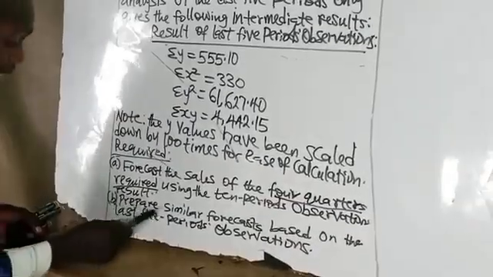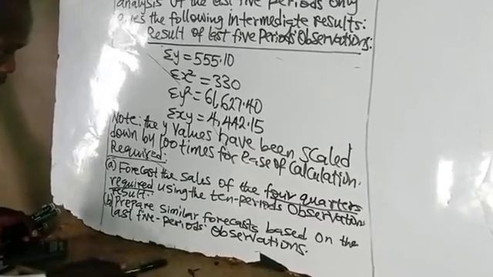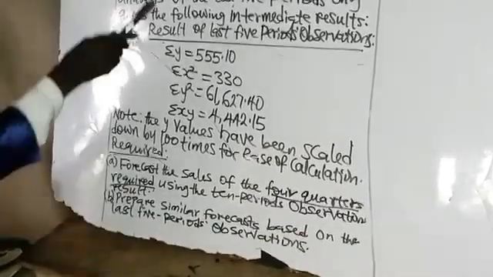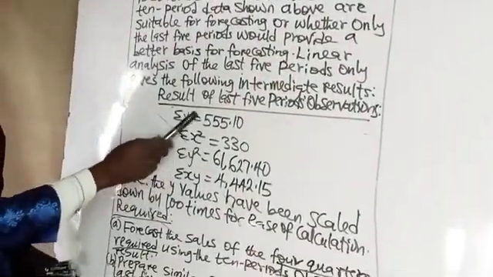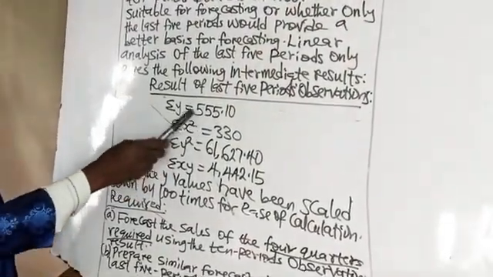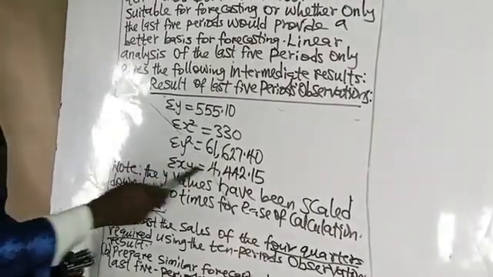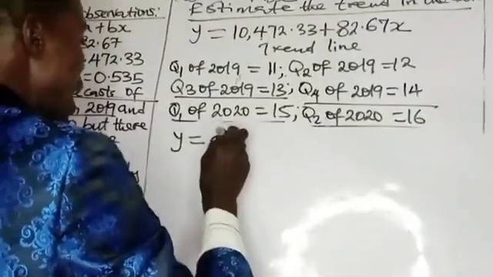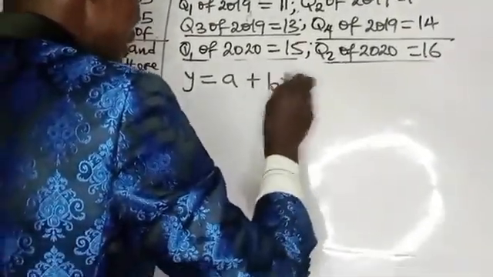You are to prepare the similar forecast based on the last 5 periods of observations. If you look at the information provided here, you are not given the trend line. So the trend line is usually given as y equals a plus bx.